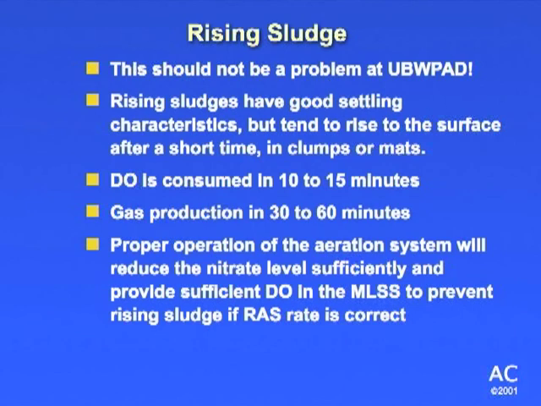Also, if you're getting good internal recycle and you're denitrifying very well in your anoxic zone as well, because you can have plants that are denitrifying in their clarifiers, and when you're denitrifying in your clarifiers, besides the rising sludge, what are you seeing a lot of? You ever observed your clarifier? You see a lot of bubbles coming up off of it, and that's what's buoying up the sludge.